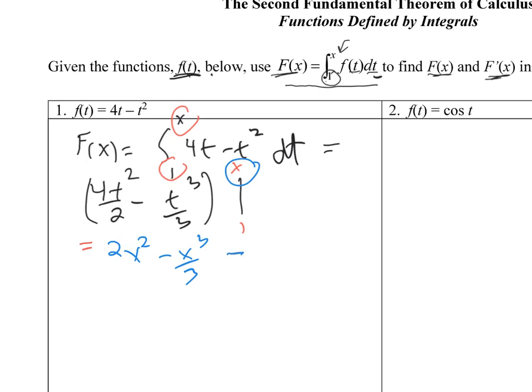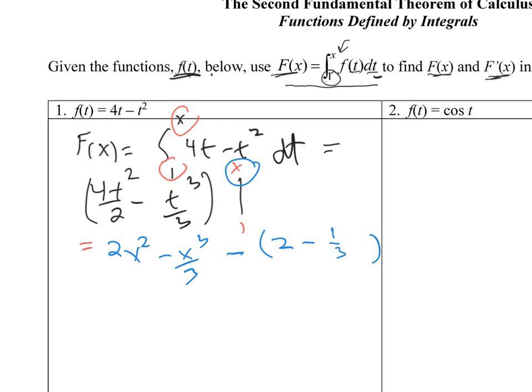minus all of that minus what? Plug in the 1. 2 times 1 squared is 2 minus 1 cubed over 3, which is minus a third.